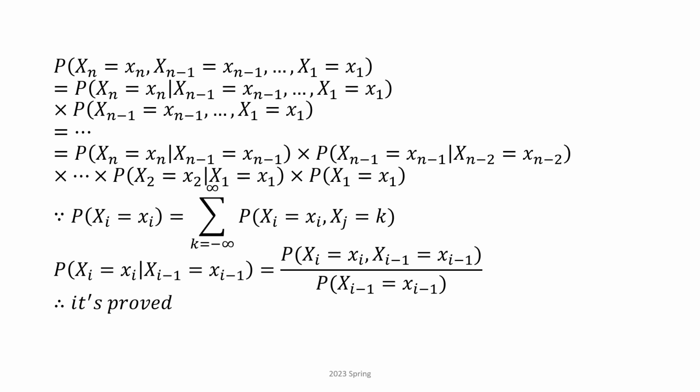And the probability of Xi = xi given that Xi-1 = xi-1 equals the probability of Xi = xi and Xi-1 = xi-1, over the probability of Xi-1 = xi-1.